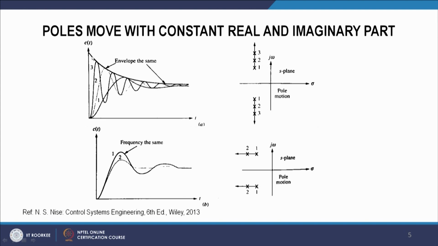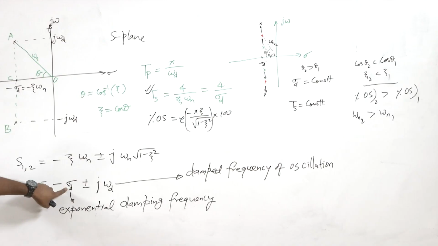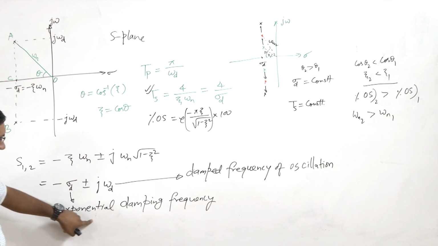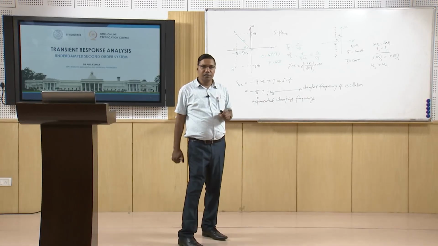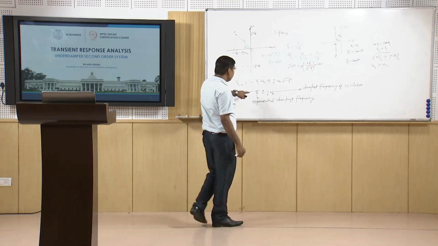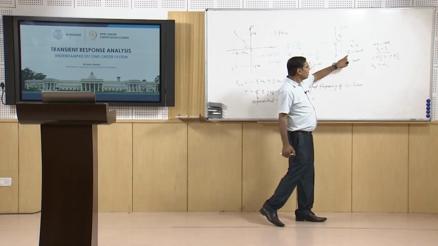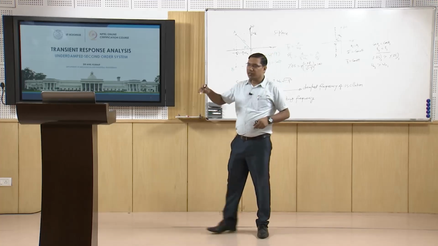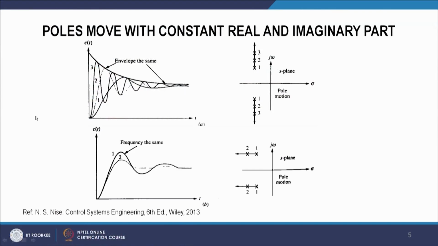So we see that we have the same envelope, because the envelope is decided from the sigma d, that is exponential damping frequency, because it comes as e power minus zeta omega n, that is e power minus sigma d, and sigma d is constant, therefore that envelope will be constant. So here the envelope is the same.